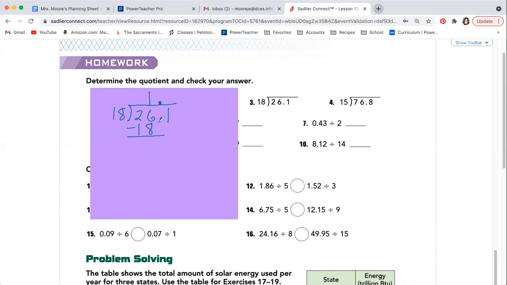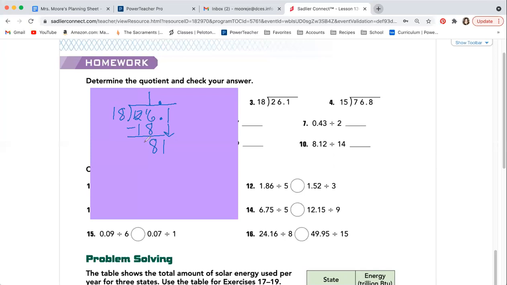All right, when I take the difference of this, it looks like I'd have to regroup a little bit. I got an 8. Pull down the next piece of the dividend. That's a 1. Now, I don't know how many times 18 goes into 81, so I have to estimate to get a guess, and then maybe off to the side, I'll have to check what my actual value is, right? So 18 is close to 20, so let me gauge it by 20s. 20, 40, 60, 80.